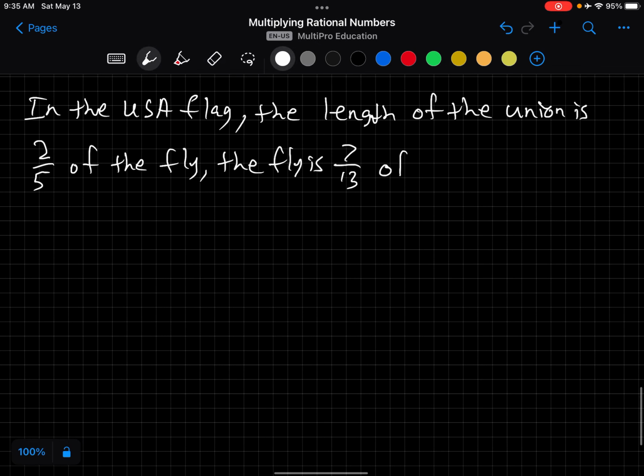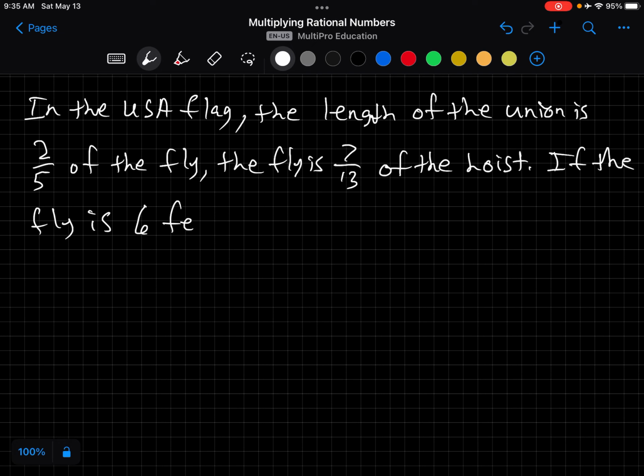That's a terrible looking 7 there, right? Homely thing. So if the fly is 6 feet, how long is the Union?